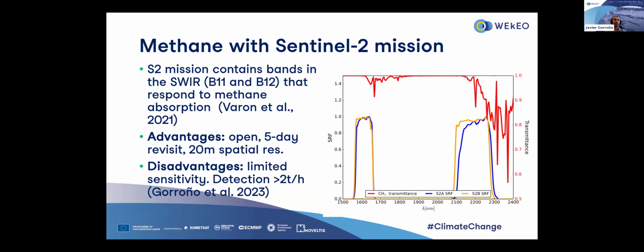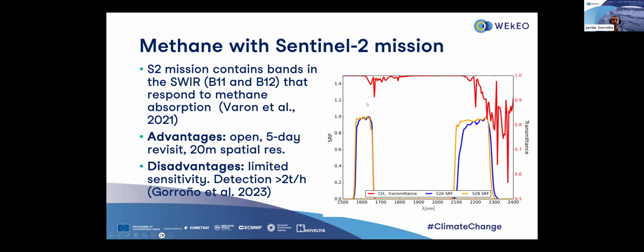So, going into why the Sentinel-2 mission is capable of detecting methane, we've got basically two bands in the shortwave infrared, band 11 and band 12, that you can see here in the image. They respond well to methane absorption, especially band 12, which is in an area where you've got methane absorption, whereas band 11 has almost no methane absorption. As I was saying before, it's got very good advantages.